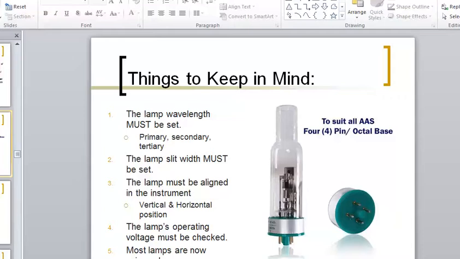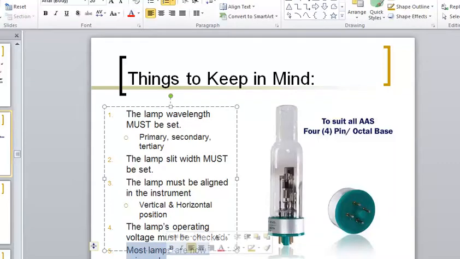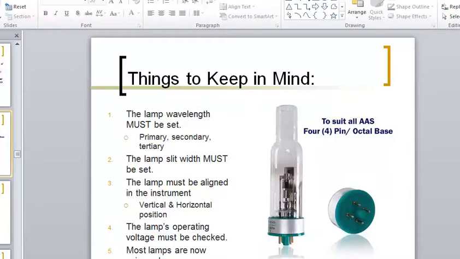So you've got to look on the label to figure out what the ideal voltage is concerning the lamp, and you have to make sure the machine understands that. And then we've also talked about how the lamps are universal. So no matter where you order the lamps from, they typically will fit any type of atomic absorption spectrometer. Okay, so that's an overall recap of the light bulb and the lamp as we've discussed in the previous videos.